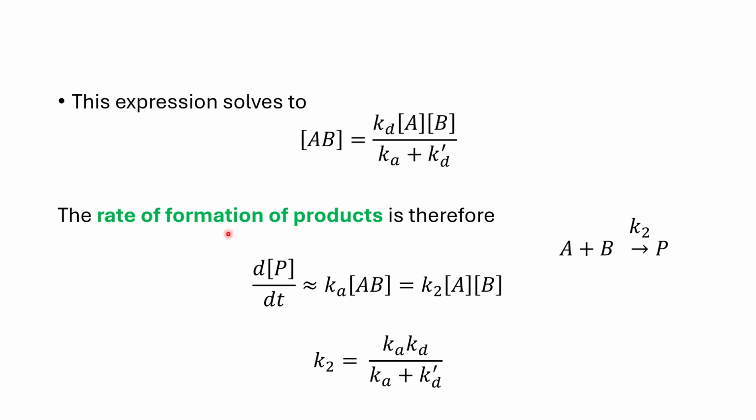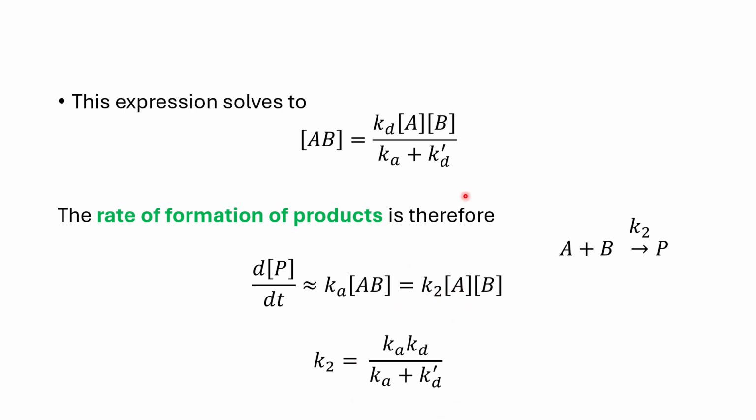So the rate of formation of the product from A plus B is given as K2. The rate of product formation can be approximated as Ka multiplied by the concentration of the encounter pair, and it is equal to K2 multiplied by concentration A and concentration B. So K2 is equal to this expression if we compare these equations.